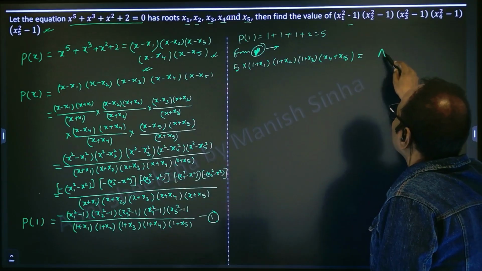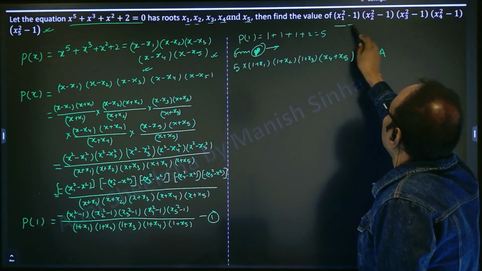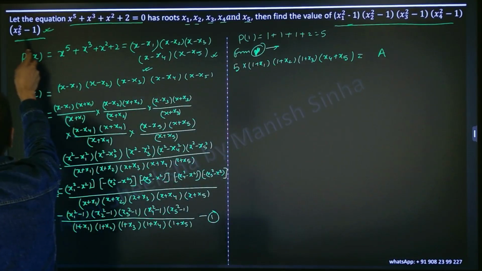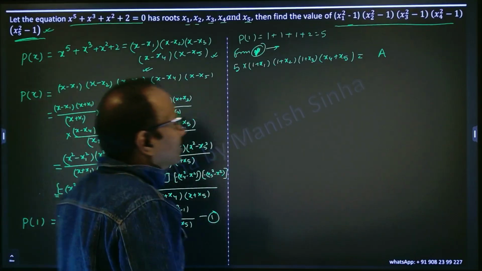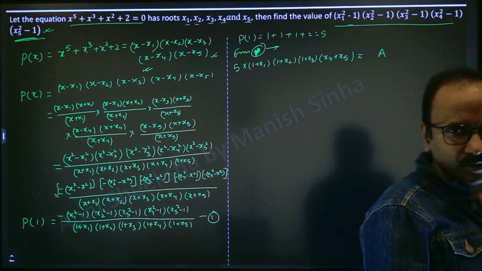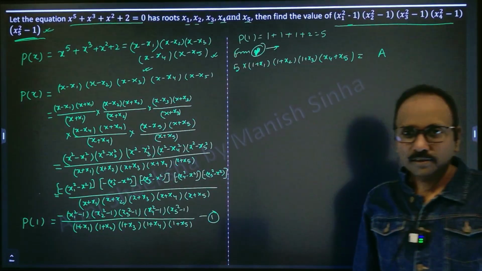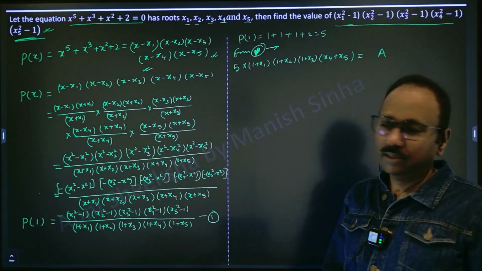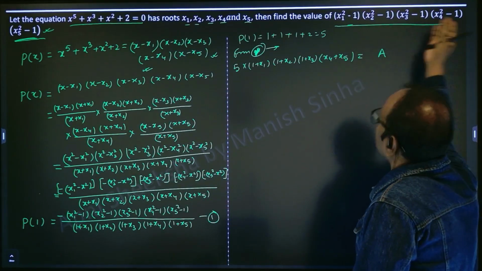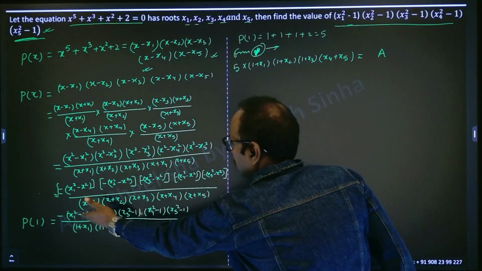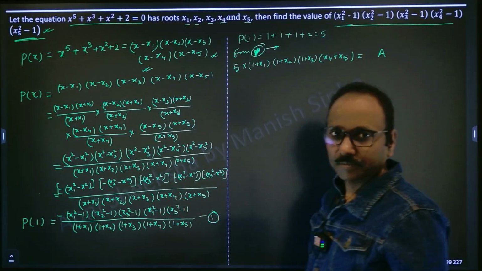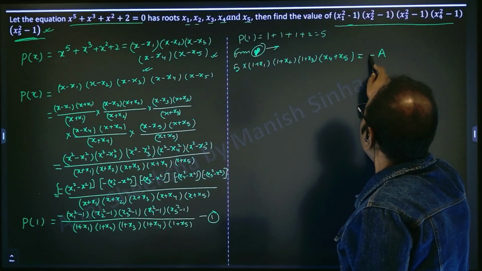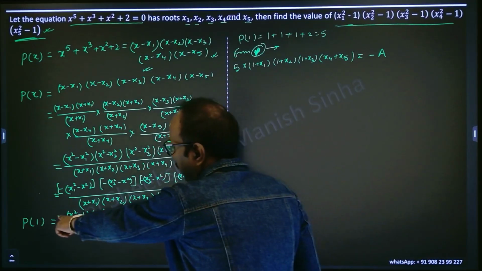Let us say that is A. The complete thing, from here to here, is equal to A, just to make the visual easy. That's all. A is basically the entire thing, the same thing, but here with a negative sign, because the negative sign is there.